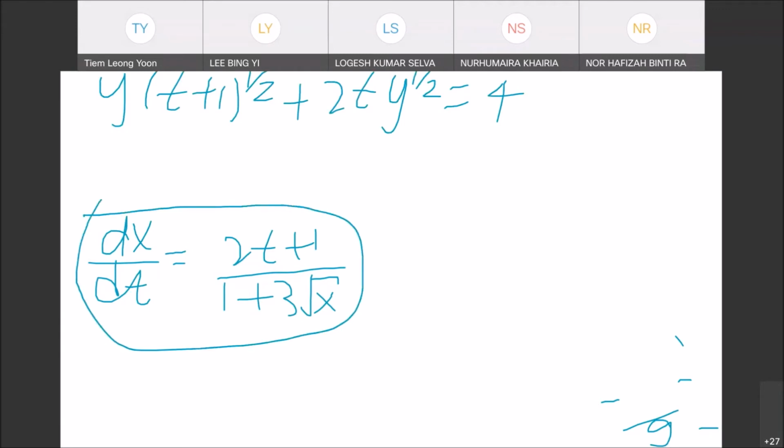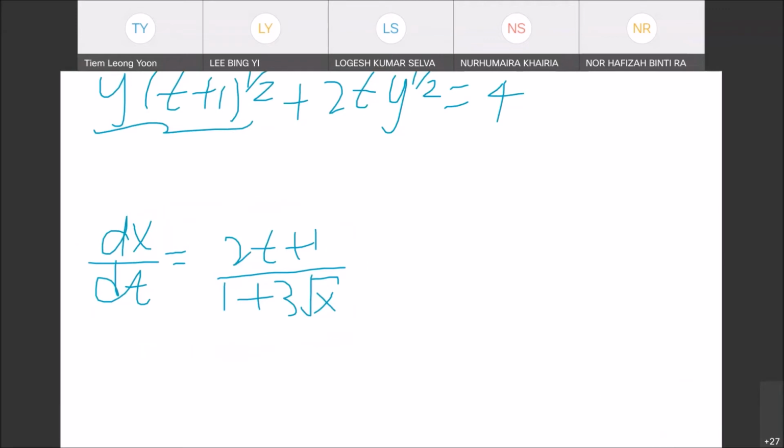Maybe I should write this down because I need it later: 2t plus 1 plus 3 square root of x. So here I would write down the formula for my dx/dt. I wrap up this one because I already copied it down on my paper. I'm going to reproduce it later in a minute.